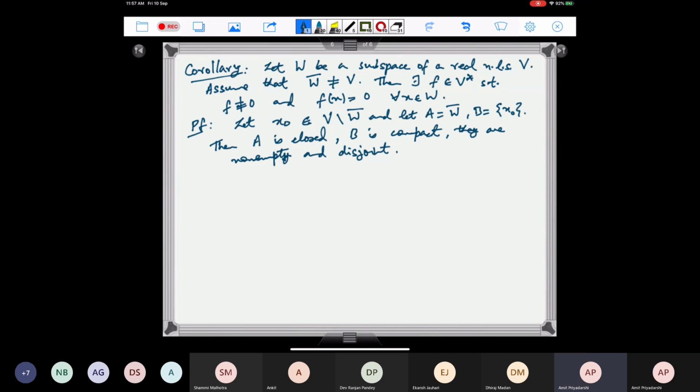Also, the singleton is obviously convex, and because W is given to be a subspace, any subspace is always a convex set, and if you take the closure of that, that is also convex. So A and B are convex sets.